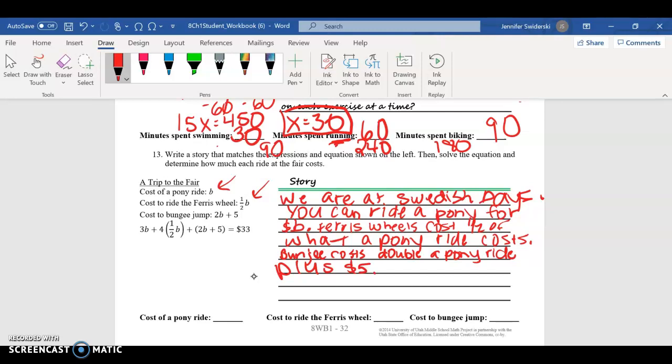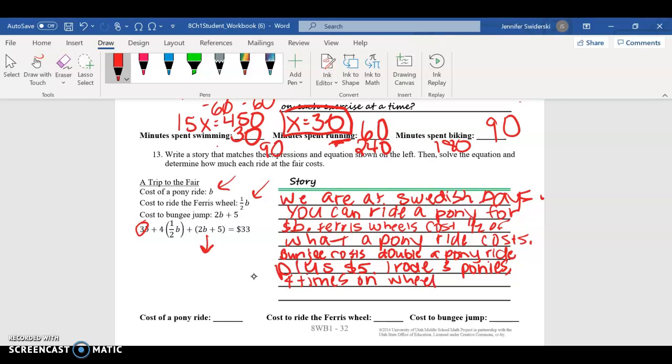Take a look at this. How many times do you go on the pony ride? Yeah, 3. I rode 3 ponies. Okay, how many times did you go on the Ferris wheel? 4 times on wheel. What does this represent here?